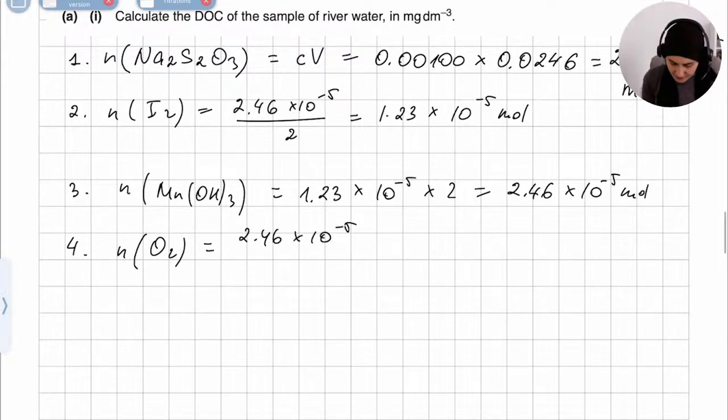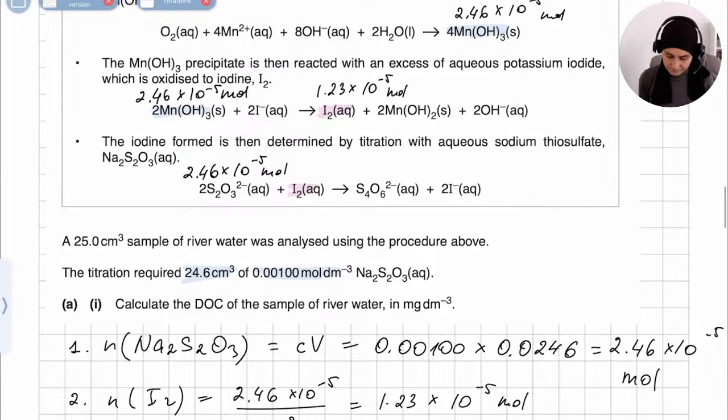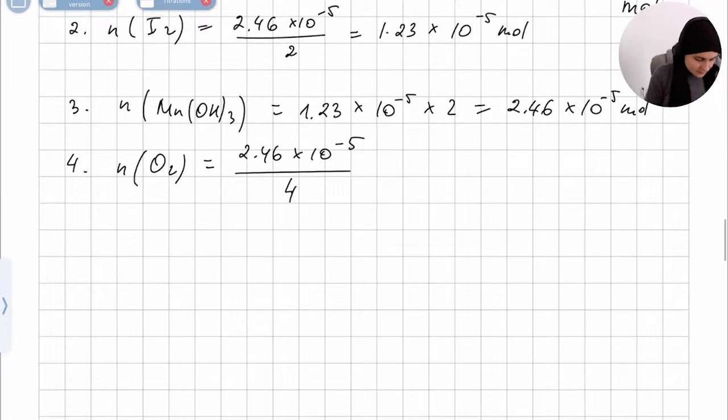That's a 5. Well, you'll get used to my handwriting. Over 4. So that's times 2, that over 4, which is 6.15 times 10 to the negative 6 moles.